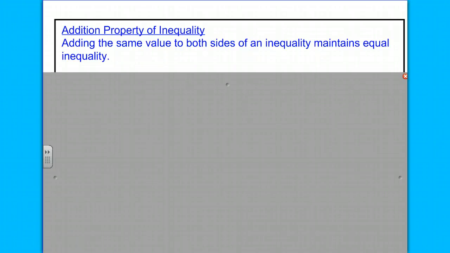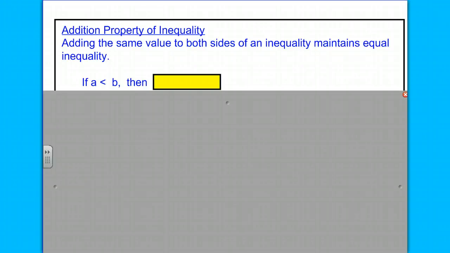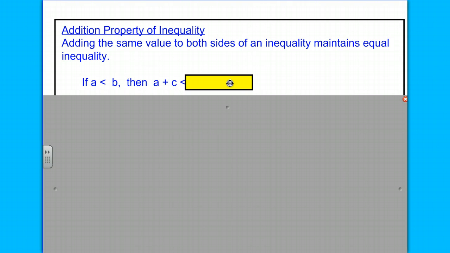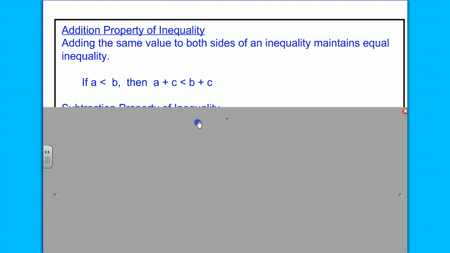So as a rule, can you finish this? If A is less than B, then we simply can say A plus C is still less than what? Say it, Wesley? Good, B plus C. So if this statement is true, then when we add the same value to both sides, the left is still less than the right. Okay?